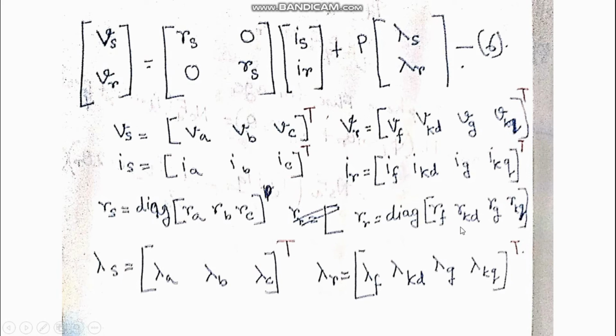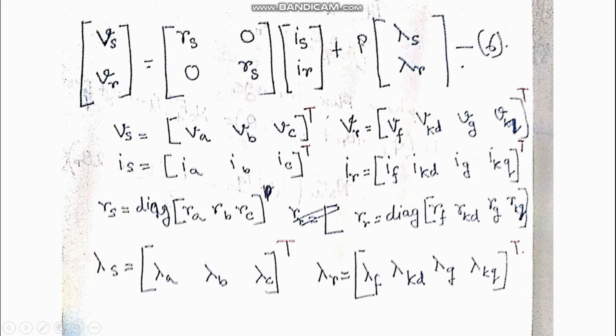You can see the entries of RR, and this is also a vector of IA, IB, IC, that means stator current, while IR has IQ, IF, all these currents, and these are the corresponding flux linkages of stator and rotor.